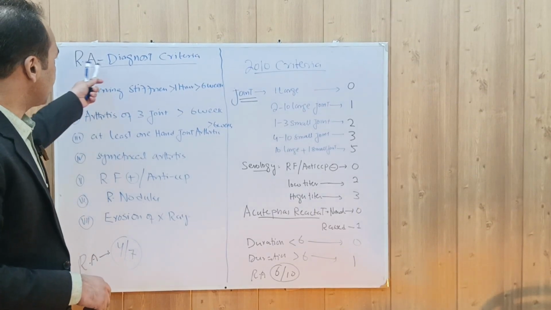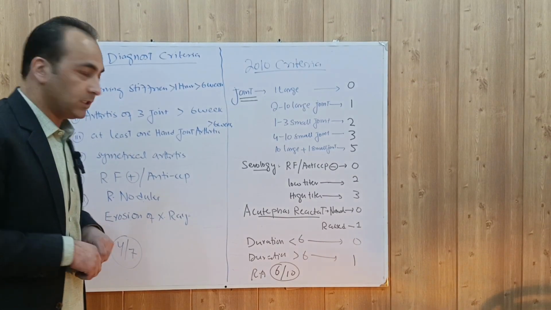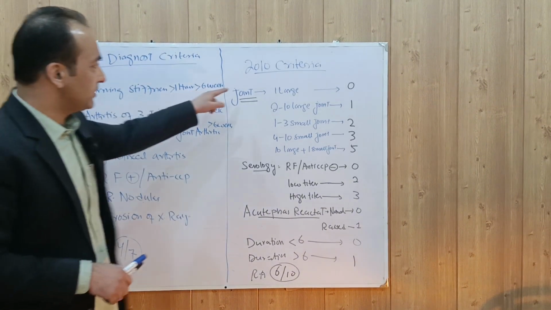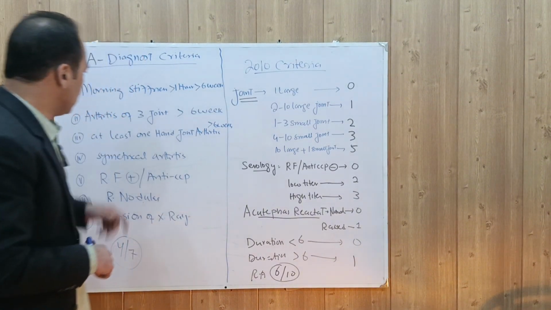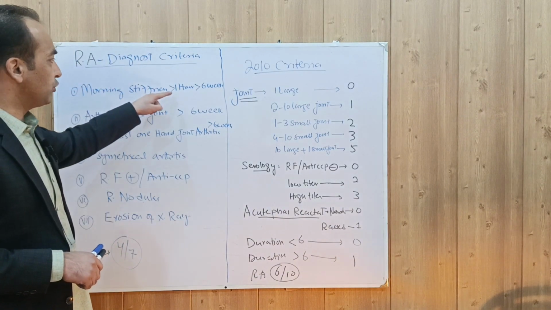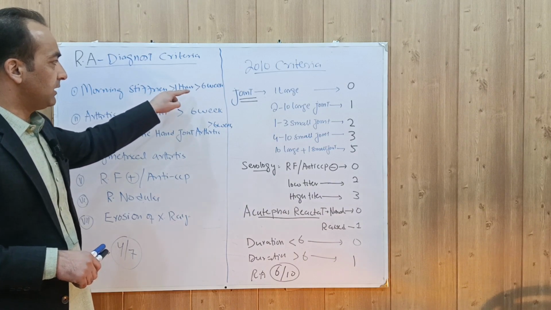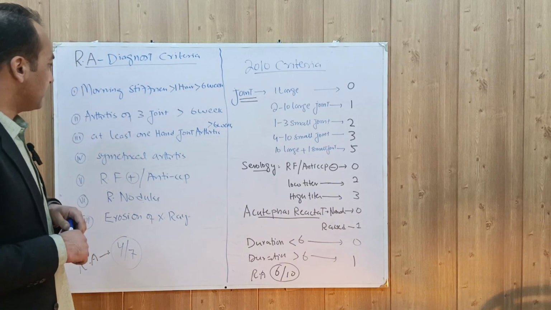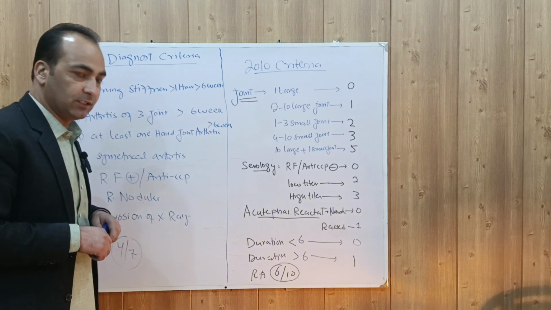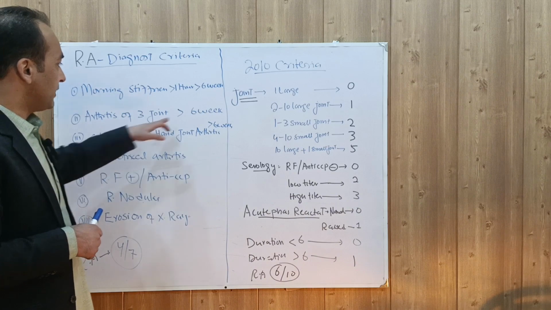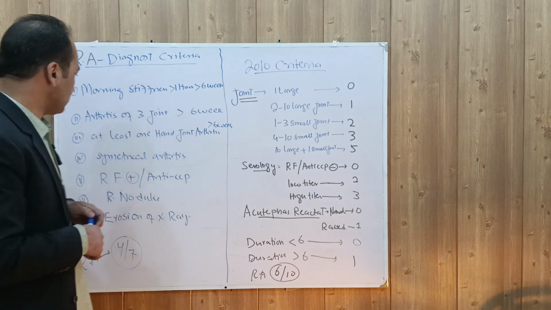Now the rheumatoid arthritis diagnostic criteria. This one is the old criteria and this one is the new criteria. The old criteria include morning stiffness for more than 1 hour for at least 6 weeks, and arthritis of at least 3 joints simultaneously, that is MCP, PIP and wrist joints, for at least 6 weeks.